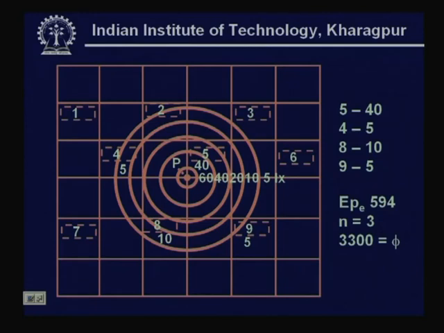It shows a rectangular space which is divided in terms of number of grids, and in this particular example each luminaire, you can see, is marked 1, 2, 3, 4, 5, 6, 7, 8, 9, and each of them has a total flux output of 3 lamps, with each lamp having a flux output of about 3300 lumens.